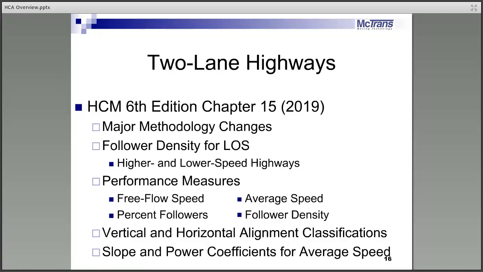More attention was made to vertical and horizontal alignment, which makes a lot of sense in a two-lane highway. And performance measures, again, looking at free flow speed and average speed, but follower density became the service measure that determines level of service.